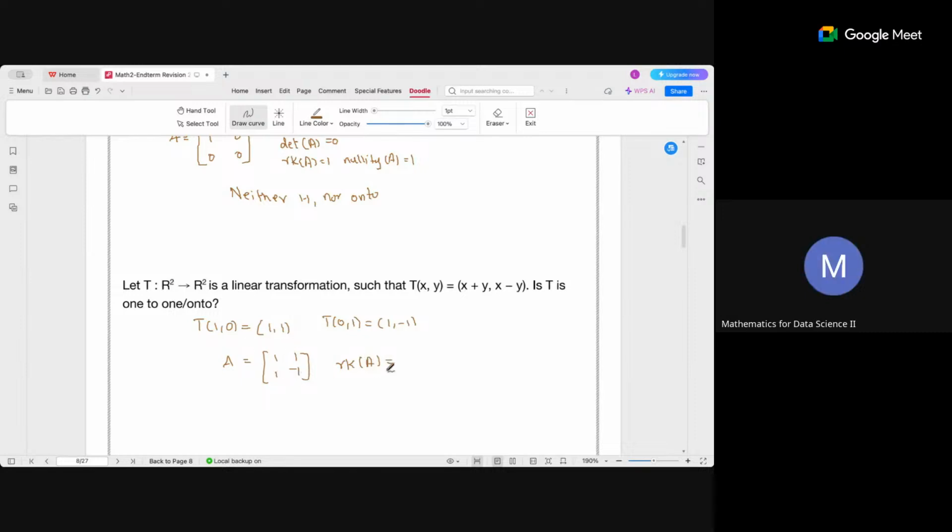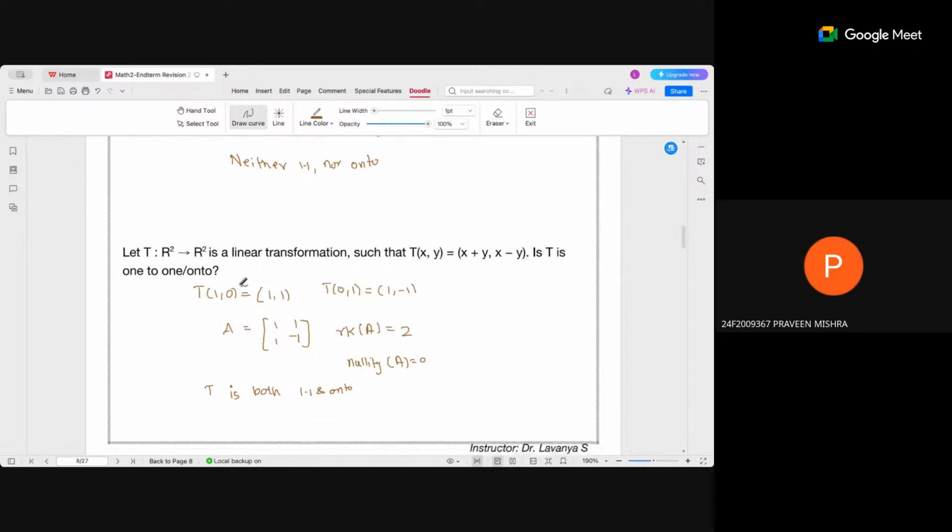You have two linearly independent columns, so rank is 2. If rank is 2, what is the nullity? Nullity is 0. So you see that T is one to one and onto, and hence it is an isomorphism. Clear?